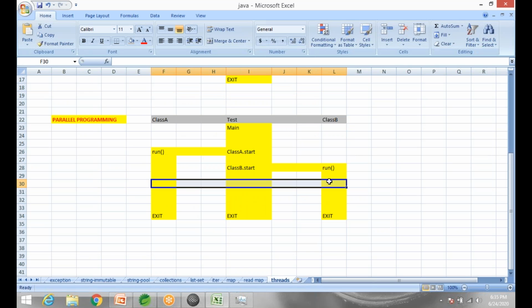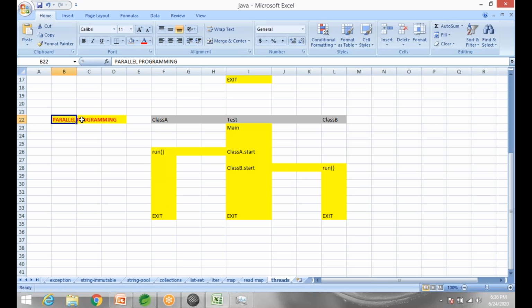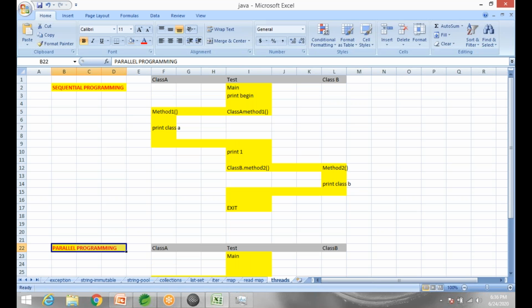If you notice, take this time slice. At this time slice, the main program is also doing something, class A is also doing something, class B is also doing something. They all are processing in parallel. This is parallel programming. Whatever you have done so far is all sequential programming. Thread specializes in parallel programming.